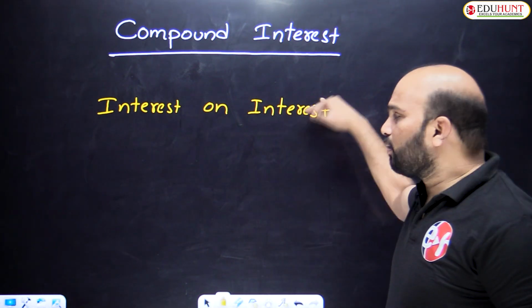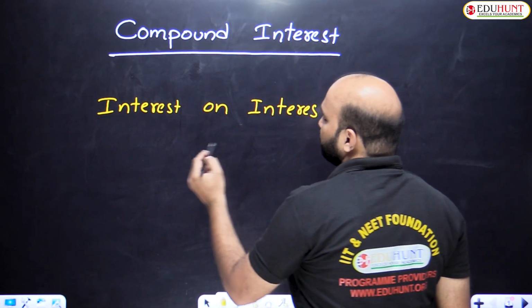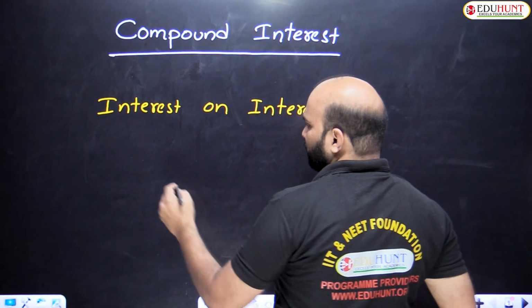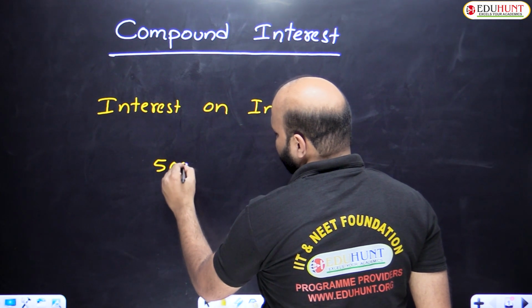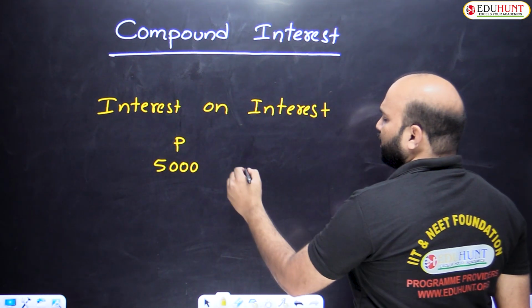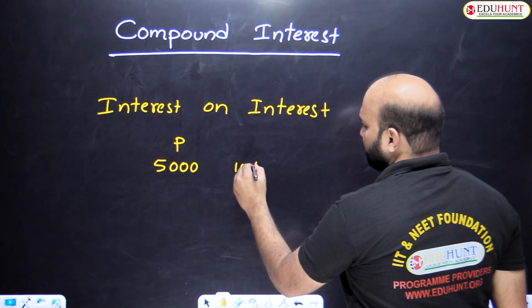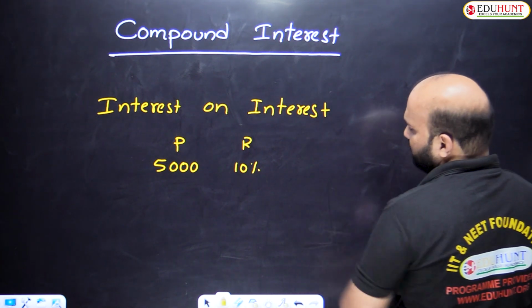So interest on interest, that means, for example, a man borrowed 5,000 rupees, this is the principal, at the rate of 10% per annum. This is the rate of interest, for 2 years.